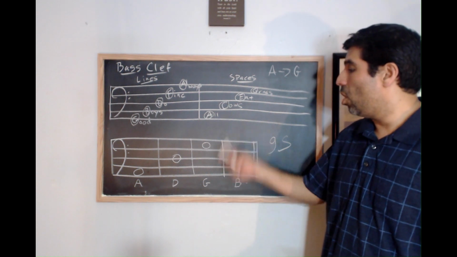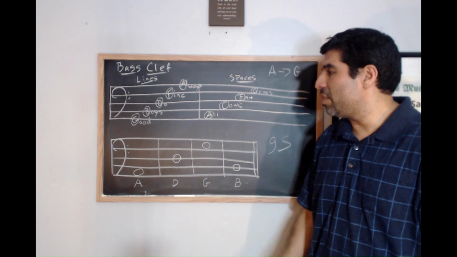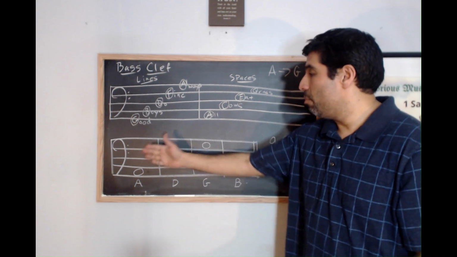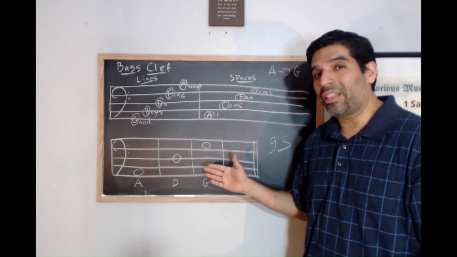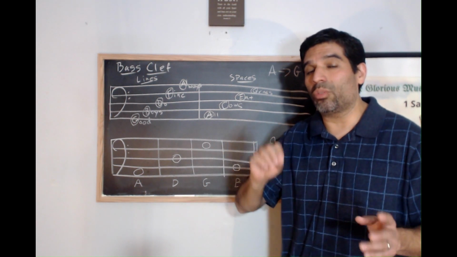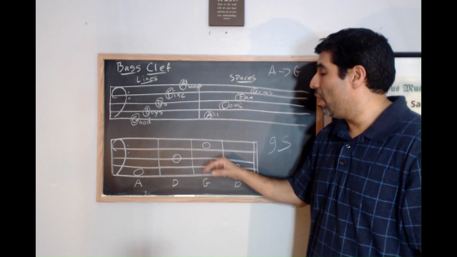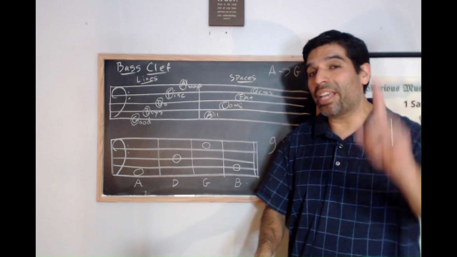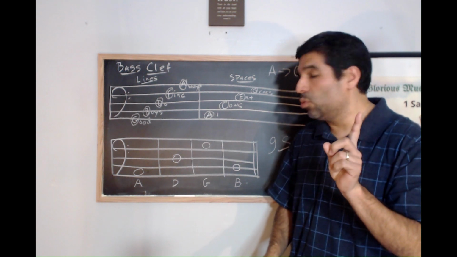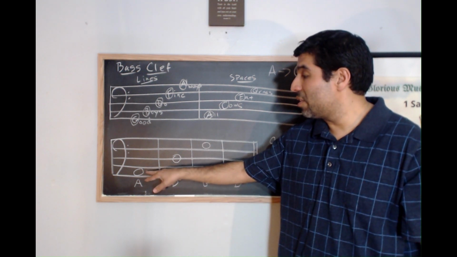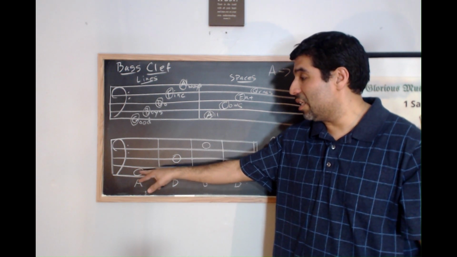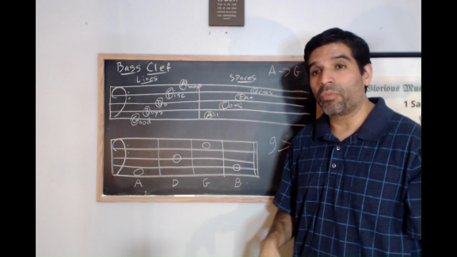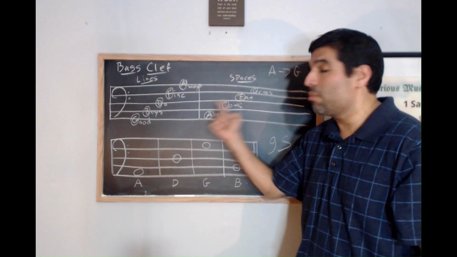Okay, guys? All right. So your assignment is going to be another set of examples, just like this, some random examples where you're going to write the letter names of each note by identifying again. Remember the rules. You must first ask yourself, is it a space note or is it a line note? So that you know exactly which formula to use.